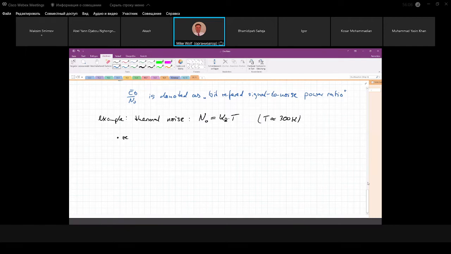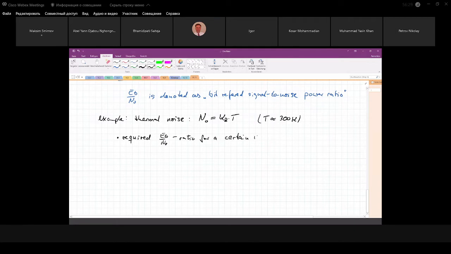You need a certain Eb by N0 ratio, and we denote this as the required ratio. So we want to ensure a certain bit error rate.